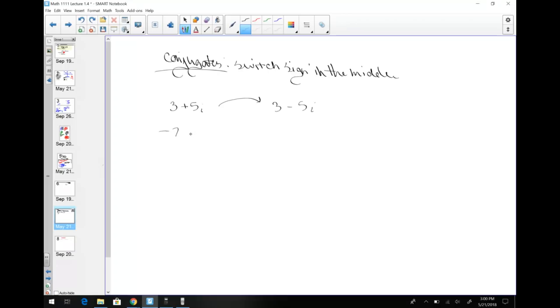If I had negative 7 minus I, I would have negative 7 plus I. If I had negative 5 plus 2i, I would have negative 5 minus 2i. If I had 6, the conjugate would still be 6. If I had negative 6i, the conjugate would be positive 6i.